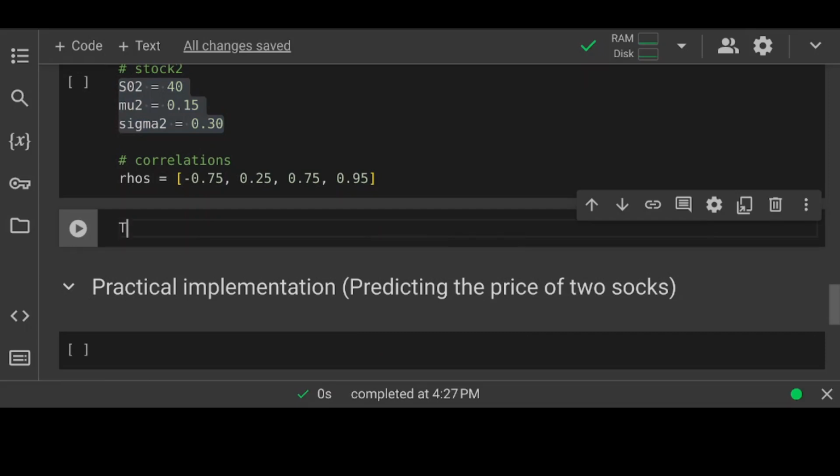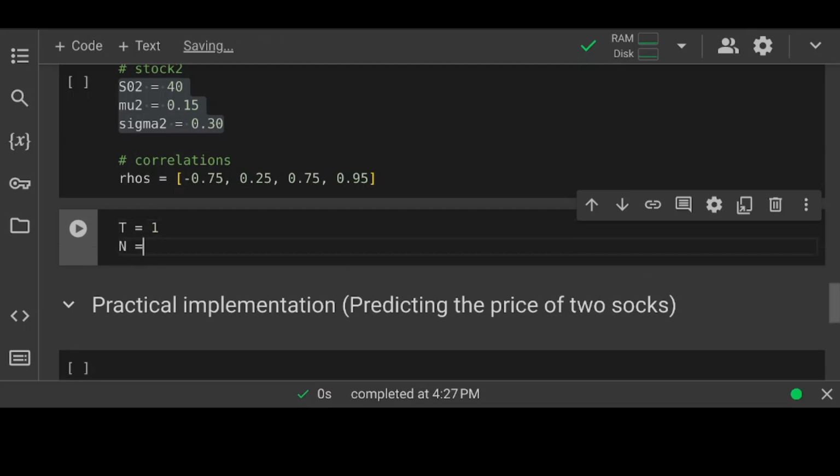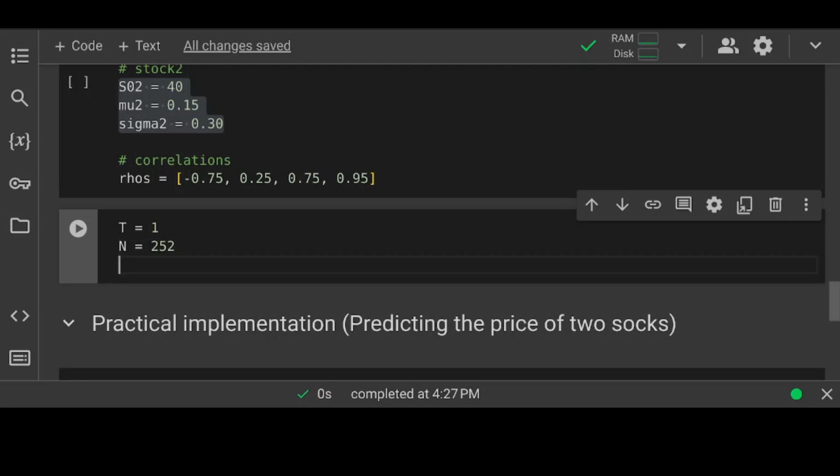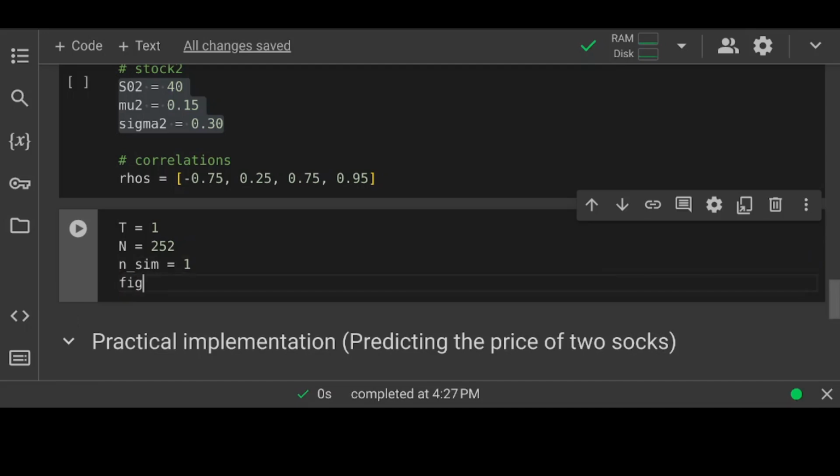So here T is equal to 1 and N is equal to 252 number of time steps. The number of simulations is equal to, let's start from just 1, and we are going to plot in a figure.